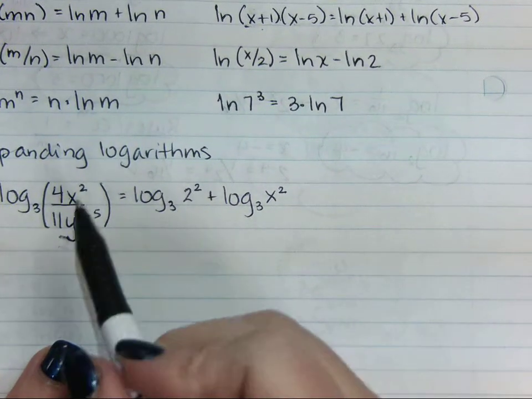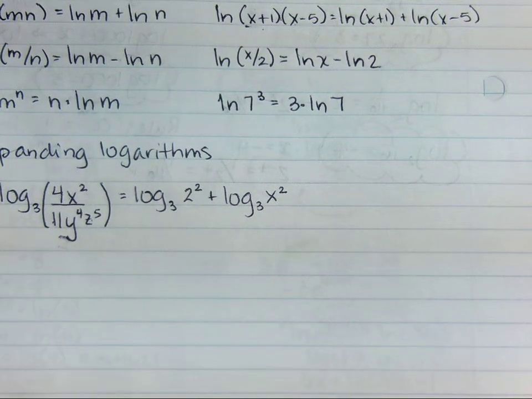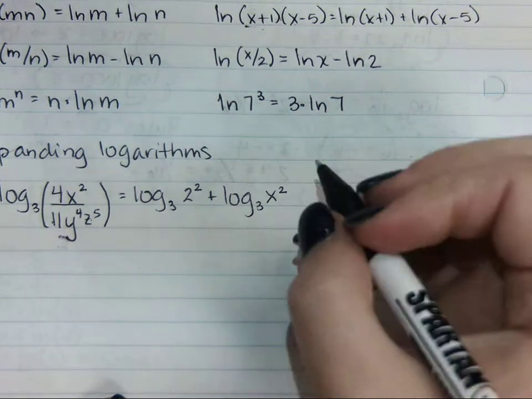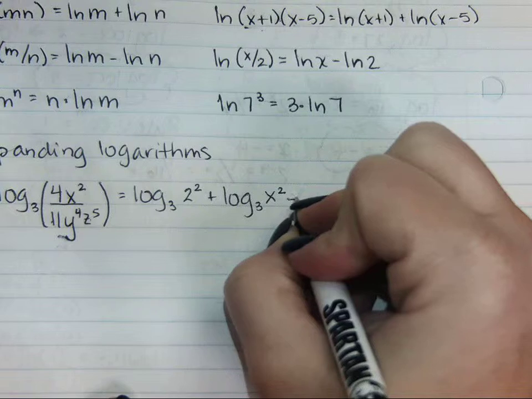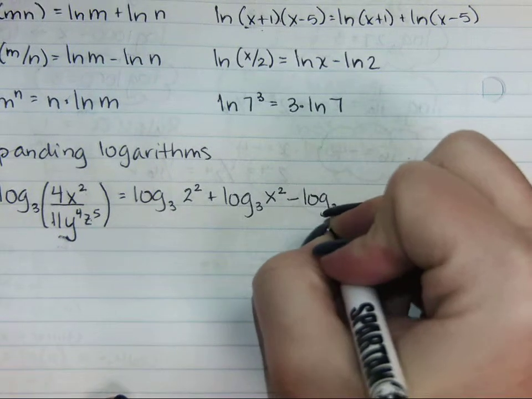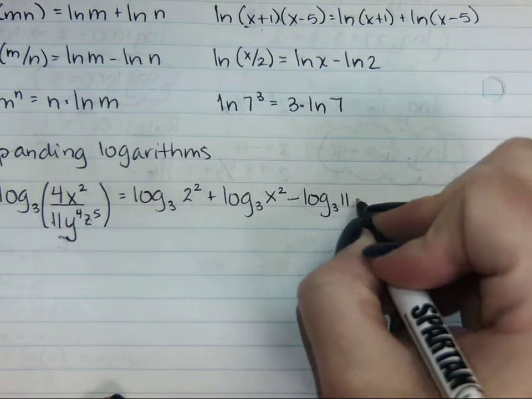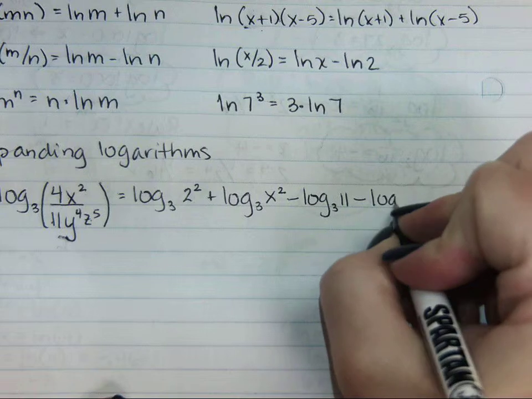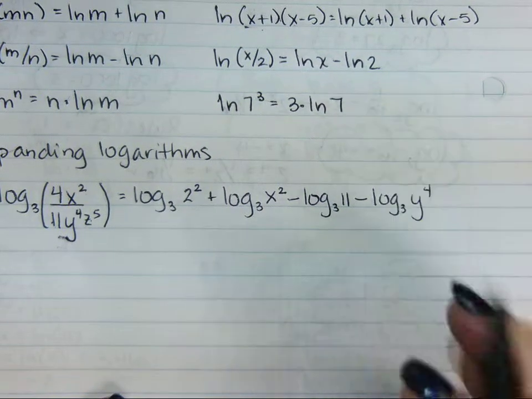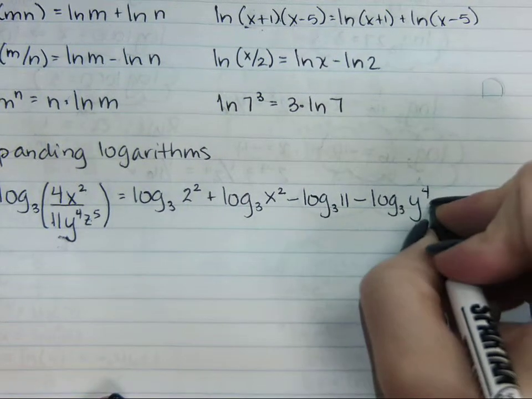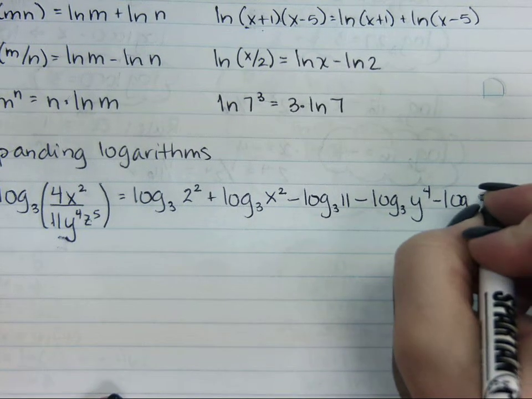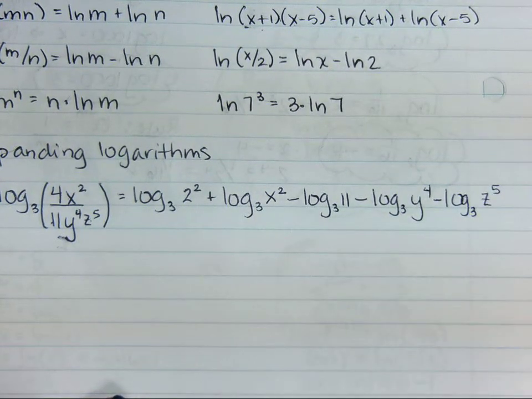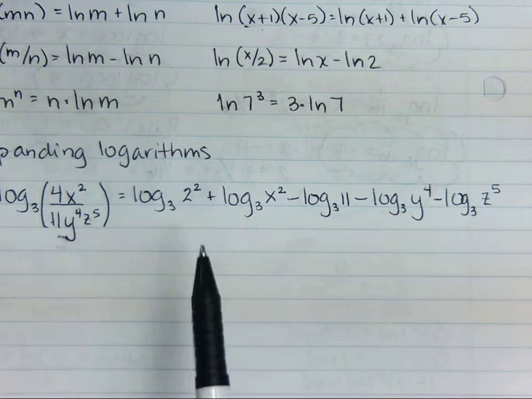Now, for all three of these factors down in the denominator, because they're in the denominator, they need to be met with a subtraction sign to use the quotient rule. So I'm going to have to subtract off the log base 3 of 11, and subtract off log base 3 of y to the 4th, and then I'm also going to subtract off log base 3 of z to the 5th.